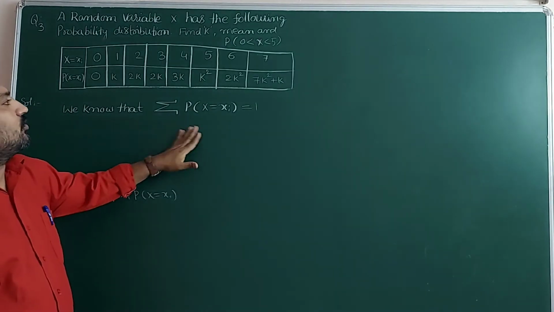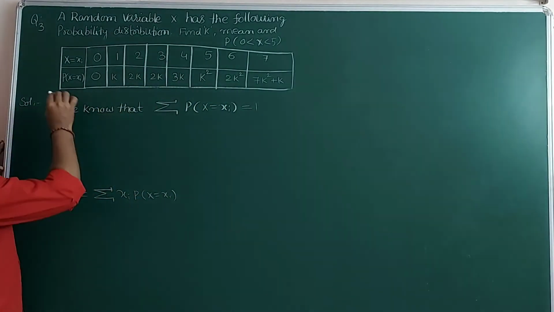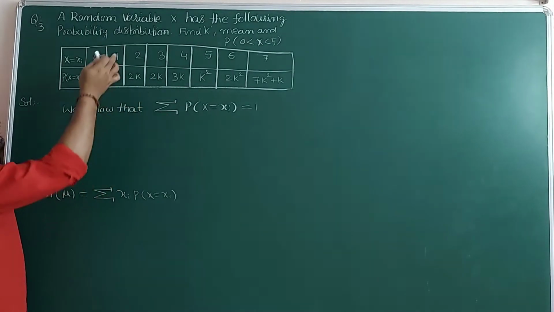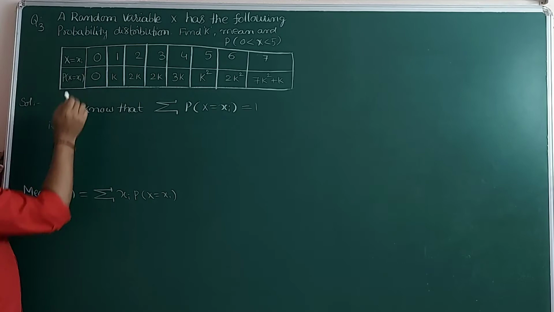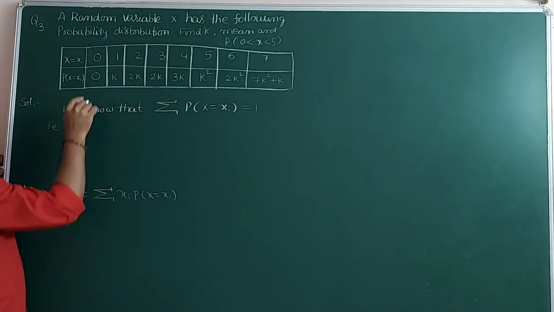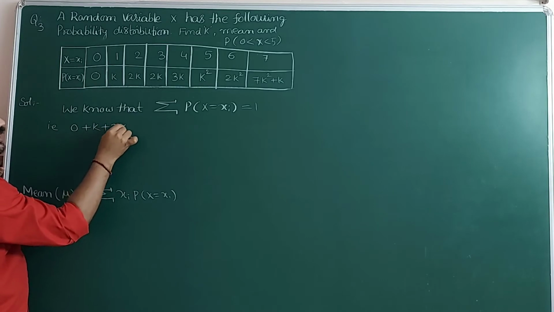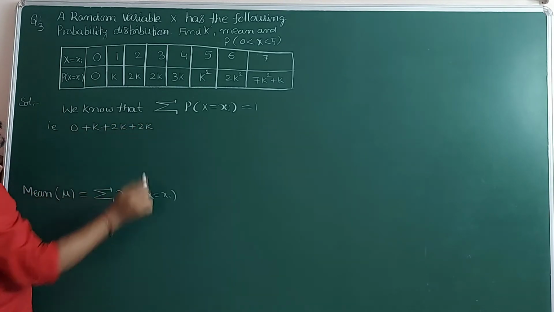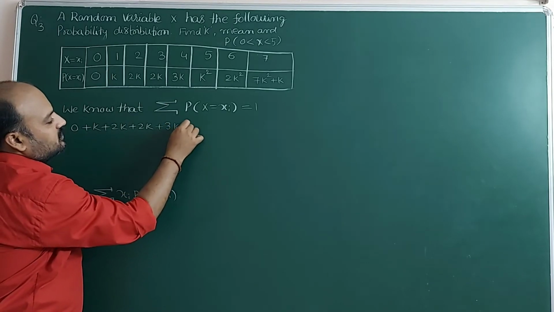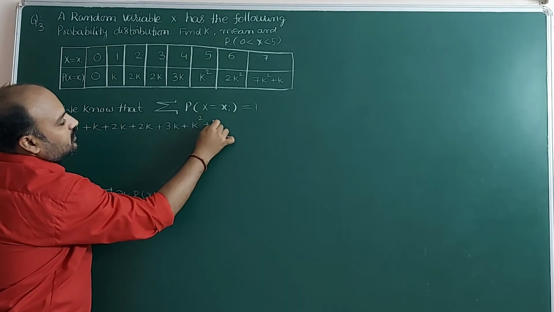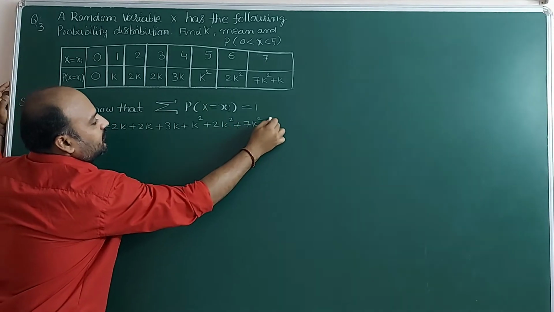From that we need to calculate the value of k. First thing, the sum of the probabilities is equal to 1. So substitute one by one: 0 into 0 plus k plus 2k plus 2k plus 3k plus k square plus 2k square plus 7k square plus k.